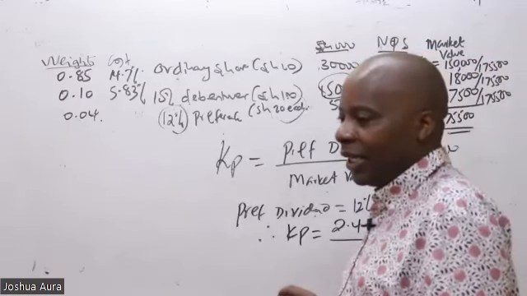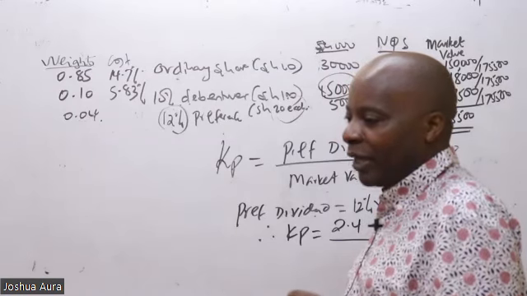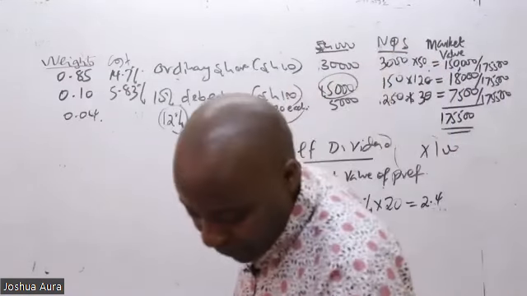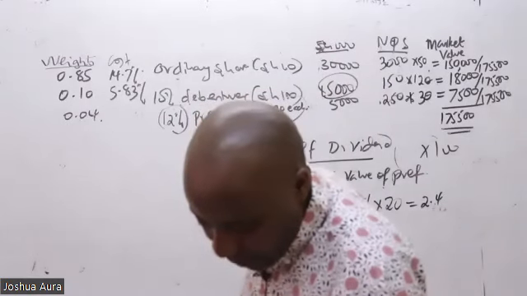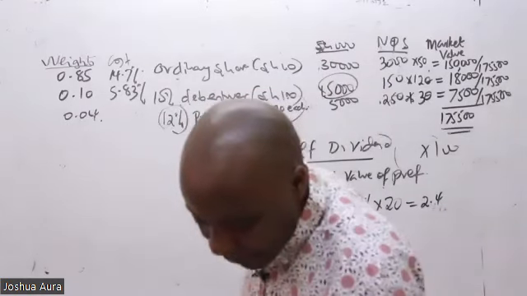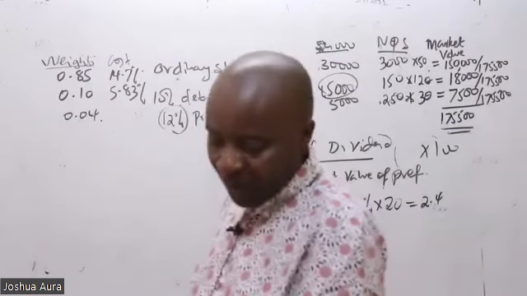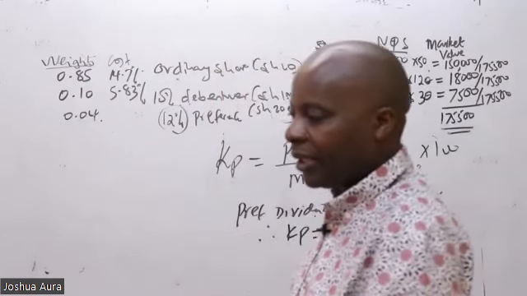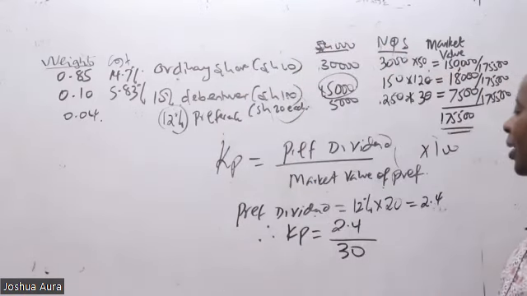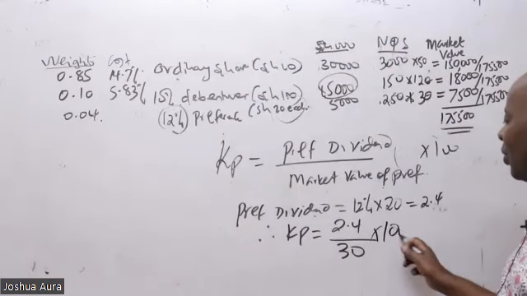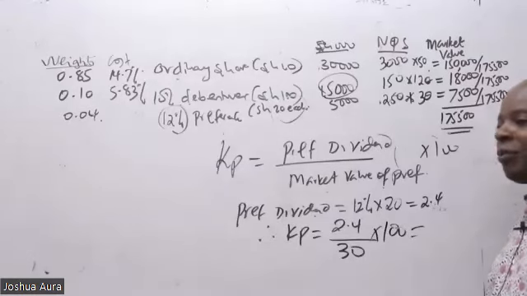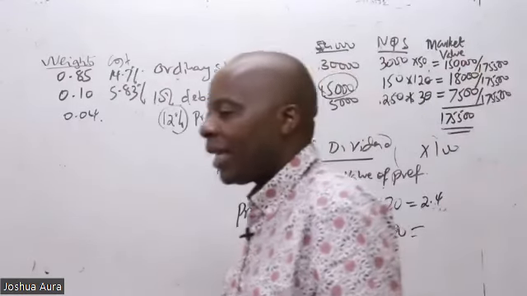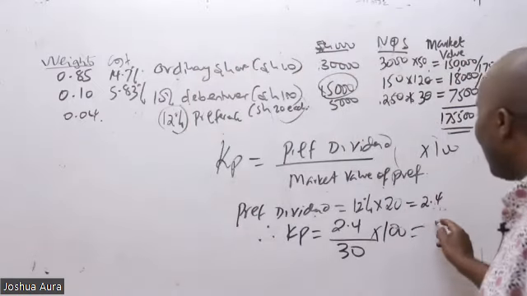It's 30. It's given in note number 1, where they spoke of preference shares currently trading at 30. Whatever you get times 100: 2.4 divided by 30 times 100. So it comes to 8%.